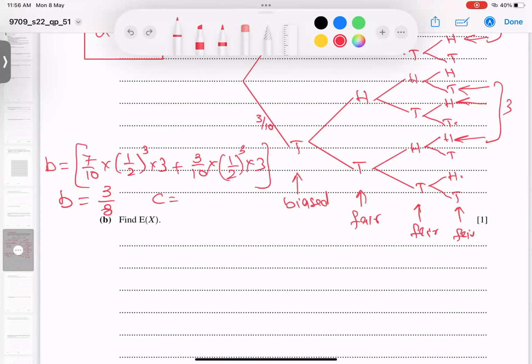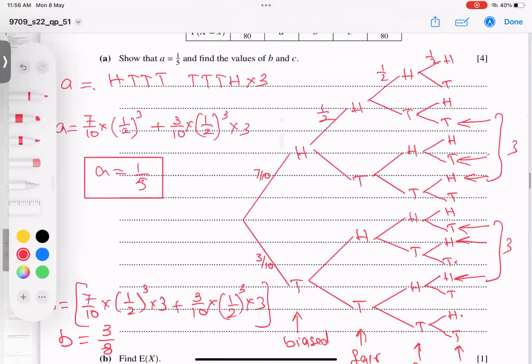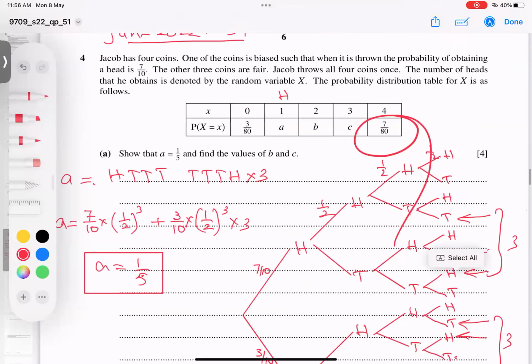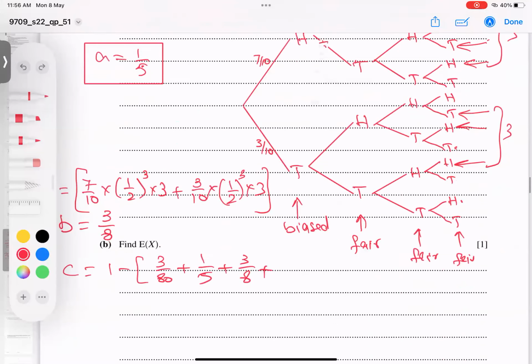So C equals to 1 minus the rest all branches, which are 3 by 80, A value 1 by 5, B value 3 by 8, and one last 7 by 80.